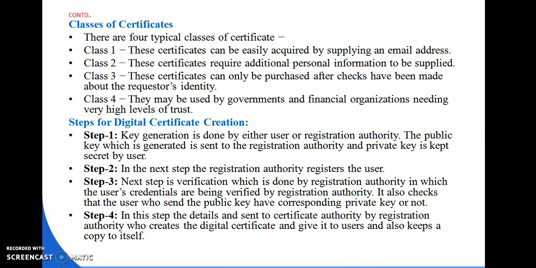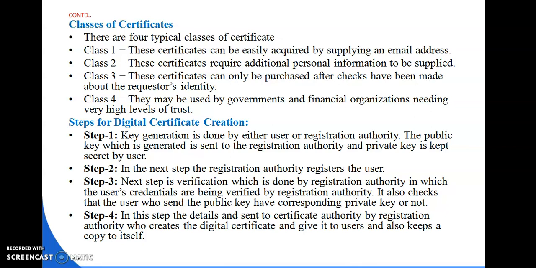Class 2, these certificates require additional personal information to be supplied. Class 3, these certificates can only be purchased after checks have been made about the requester's identity. And class 4, they may be used by governments and financial organizations needing a very high level of trust. So these are the 4 classes of the certificates.